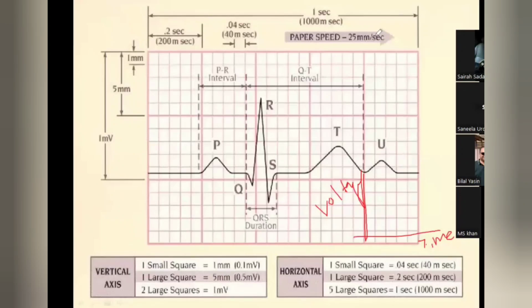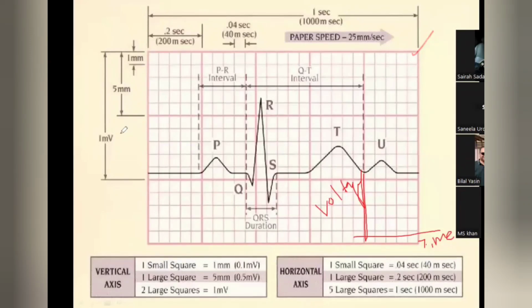We set ECG paper by default at 25 mm per second. You don't need to go into detail about why we do that. Let's just keep it simple that the ECG paper speed is 25 mm per second, which means in 1 second, 25 small squares, or the 5 large squares, have to cross. So these are the horizontal axis.